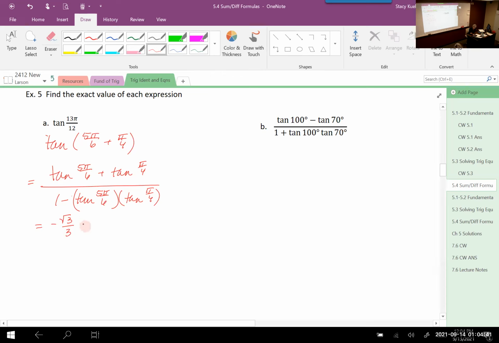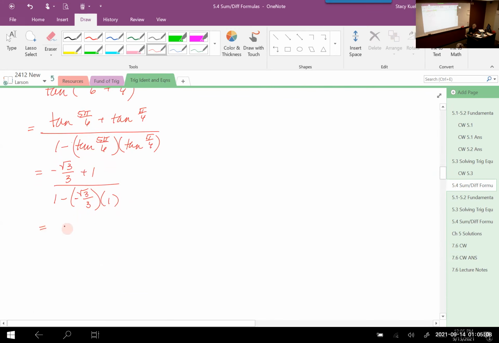Plus 1, all over 1 minus now the square root of 3 over 3, but that was negative, times 1, right? Because the denominator has a product in it. Okay, so far so good? You see what I'm doing here? Yeah, okay.